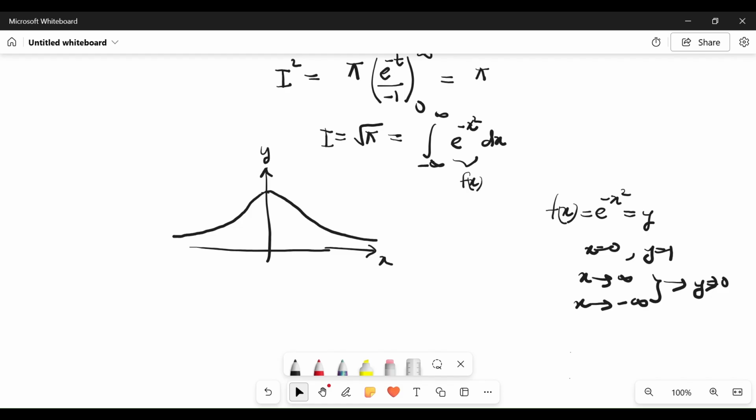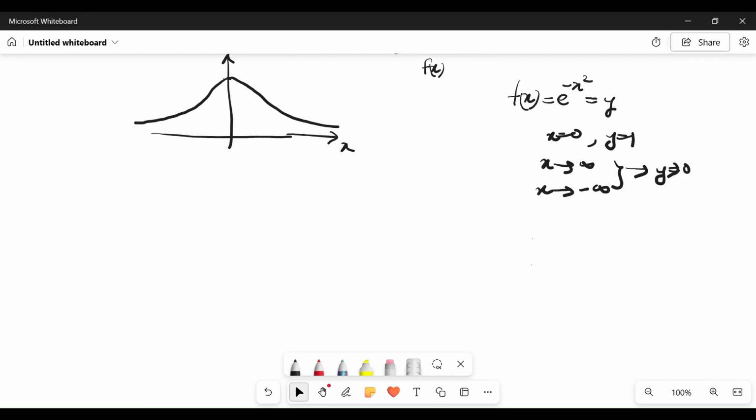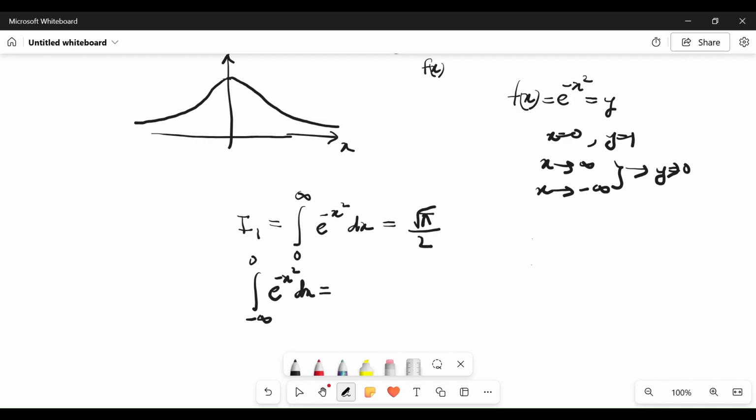And so we can say that if you consider I1, which is the integral from 0 to infinity of e raised to minus x square dx, this will be half of the integral which we have just found, which is root pi by 2. And this will be the same for the integral from minus infinity to 0 of e raised to minus x square dx, which will also be the same.